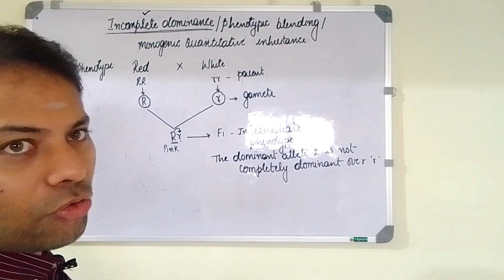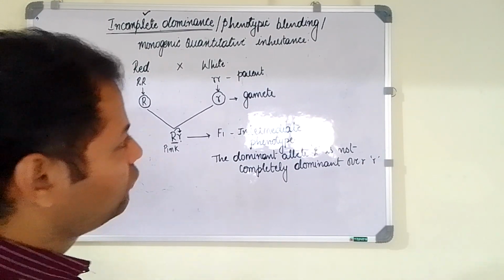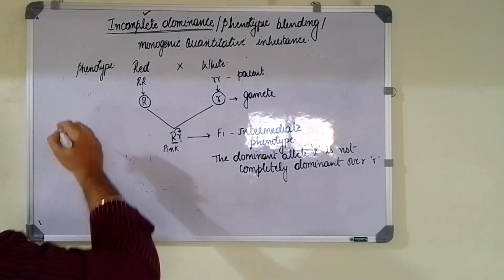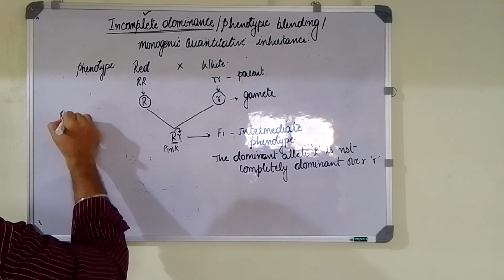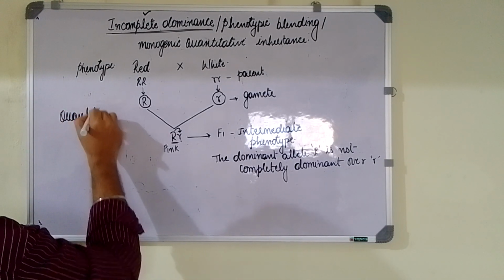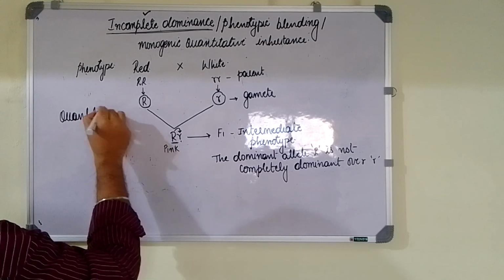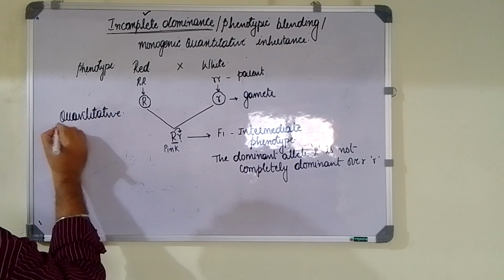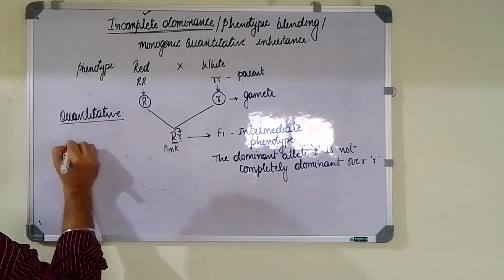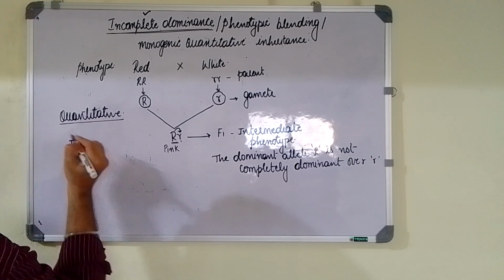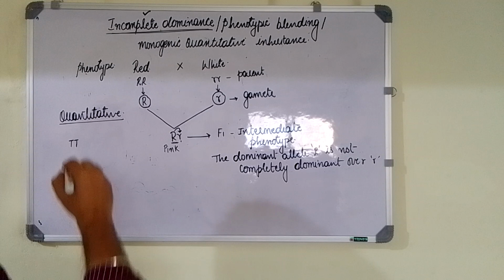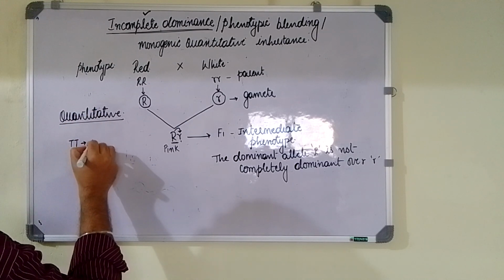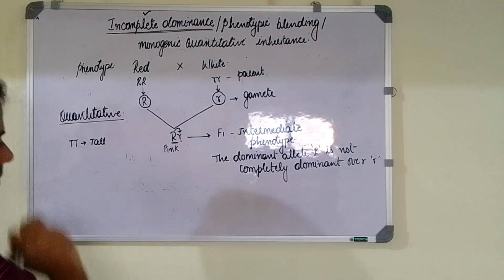Now, what is the meaning of monogenic quantitative inheritance? First, understand the meaning of the word quantitative inheritance. We'll see it with a small example. Let us take, for example, capital T and capital T, the Mendelian T, where capital T is giving the tallness of the plant.